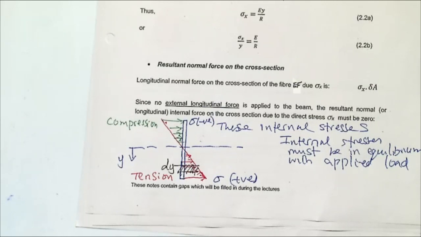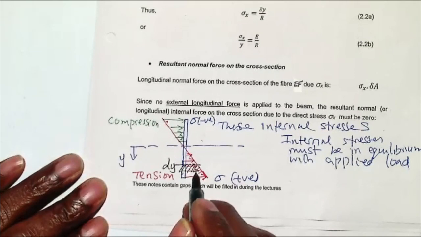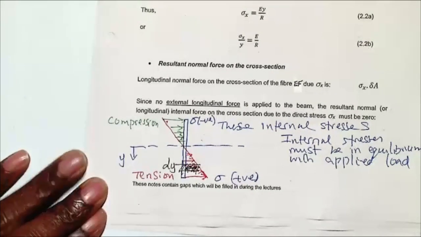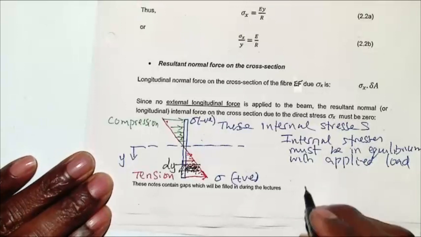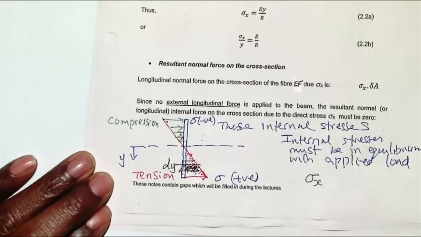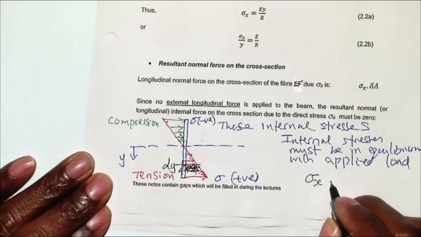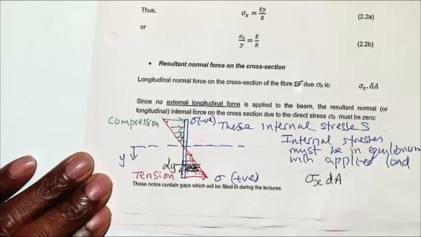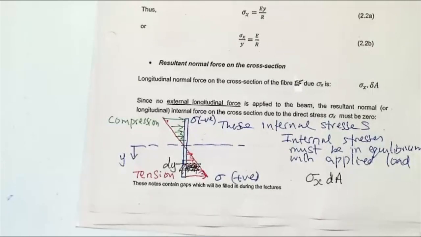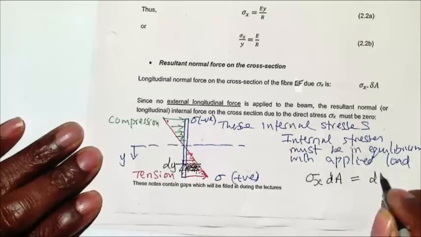We ask what is the net force on that small length. This net force will be sigma x multiplied by the area of that small length, which I will call dA. Let me call that dF.